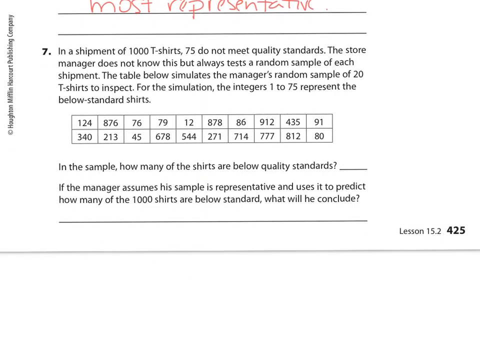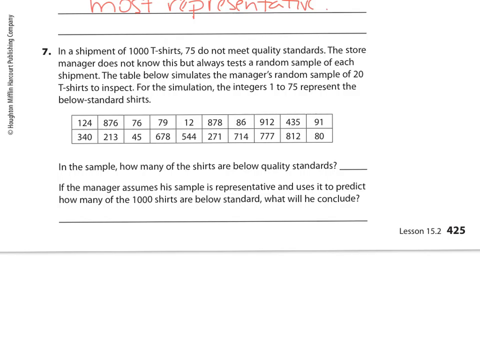So now in number 7, this is a little different because they've created a random sample, and we'll be working a little bit more with this on Monday, but we can work a little bit today with it. In a shipment of 1,000 t-shirts, there are 75 that do not meet quality standards. The store manager doesn't know this, but he always does a random sample test of each shipment.